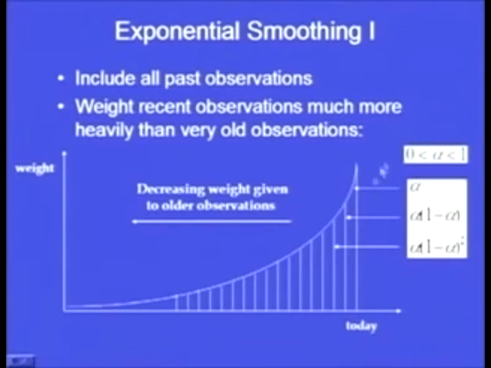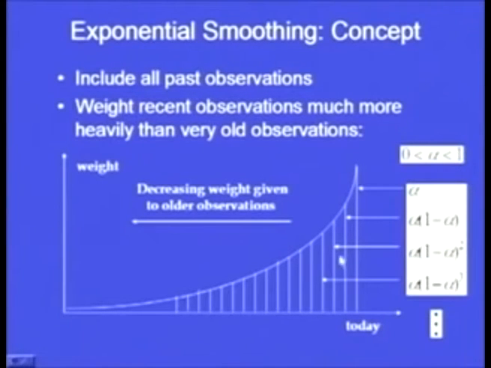Similarly, when we move forward, the data from 2 years back or 2 months back or 2 days back is given a weight of alpha into 1 minus alpha to the power 2. So the variation is exponential. Subsequently, this will keep on moving. The next previous year's data is given the weight alpha into 1 minus alpha to the power 3.